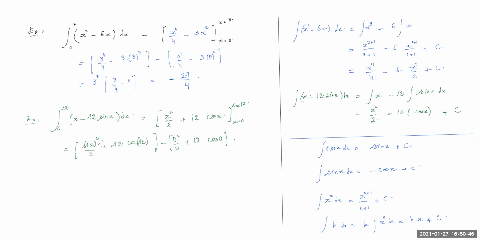So here 144 over 2 will be 72 plus 12 cosine 12. I keep it like that, it's a number. 0 is 0. Here cosine 0 is 1. But if you don't know it, just keep cosine 0. And you have then minus 12. Here is your value.